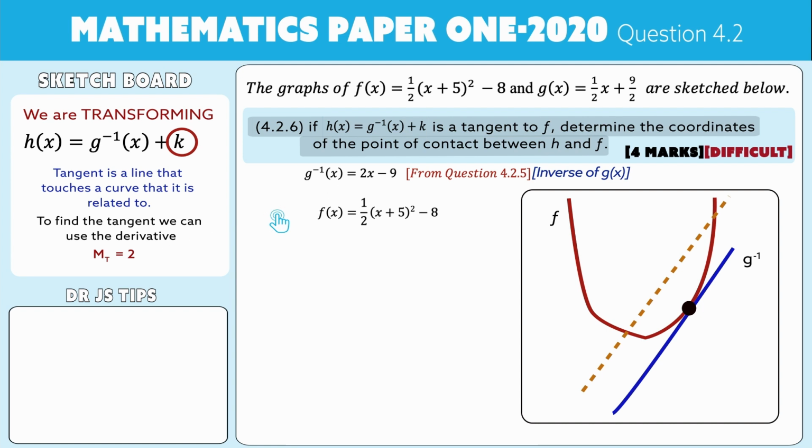So if you have the gradient of the tangent, let's write this in your tips column. The gradient of the tangent is the derivative of the function at a particular point. And that is exactly what we are looking for: determine the coordinates of the point of contact. So that's not a problem. We need to find the derivative and put it equal to the gradient.